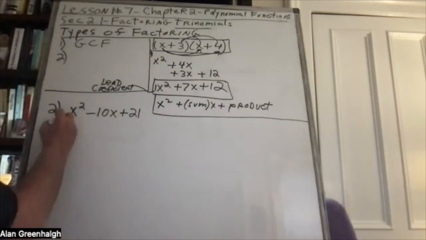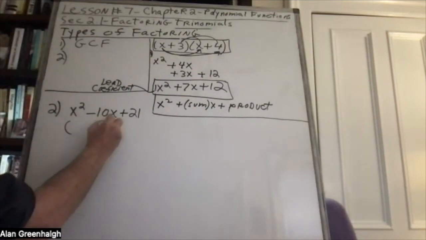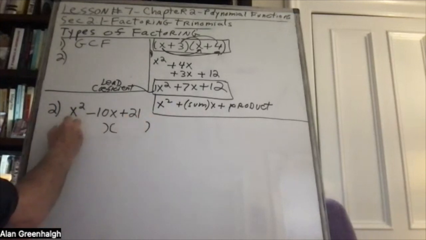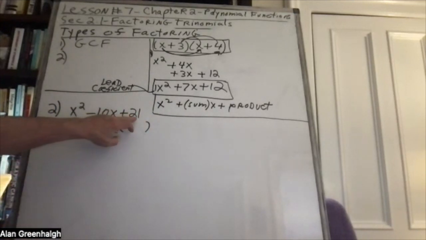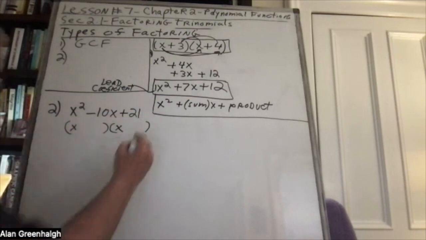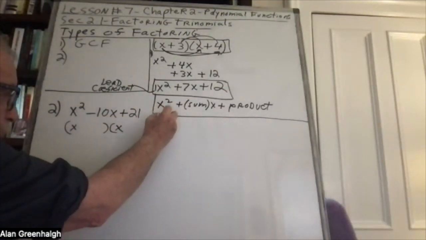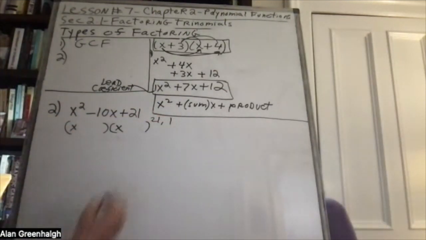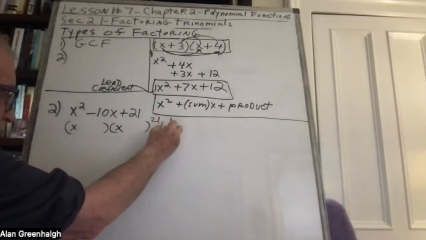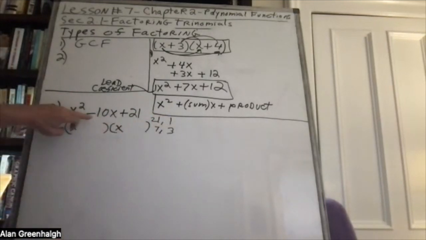Now, let's assume that this is going to work out to a product of two binomials. Now, what are the factors? What are the two numbers that multiply to give you 21? Now, it could be 21 and 1, or it could be 7 and 3. But remember that we need a middle term of negative 10.